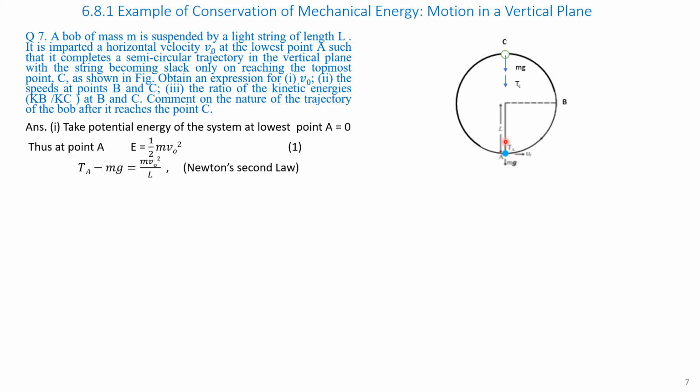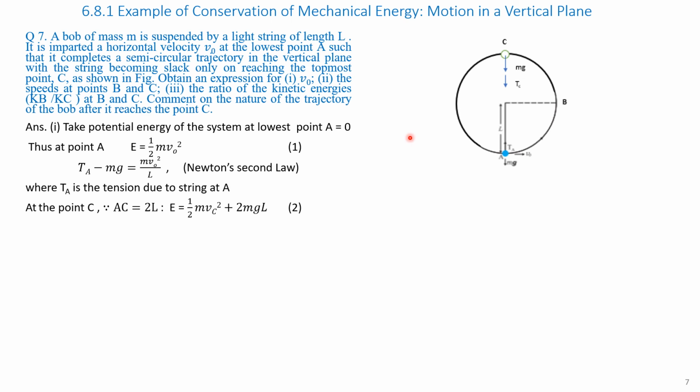Ta acts vertically up, mg acts downwards, is equal to m v naught square by L, that is from Newton's second law. Therefore, Ta minus mg is equal to m v naught square by L, where Ta is the tension due to the string at A.